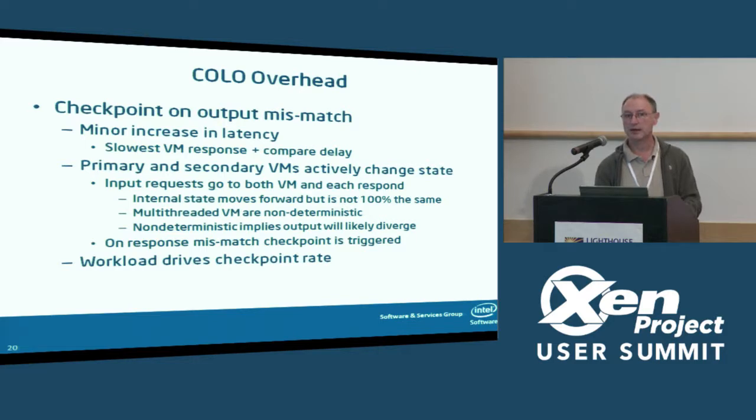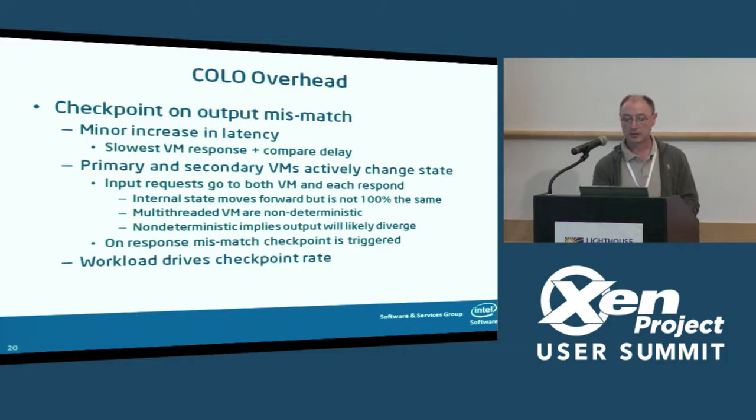But the application itself can be different in the response. You could get requests for allocating some resource that would come in, and the two different VMs may allocate those resources to different customers. So once that's detected, that triggers the checkpoint, and at that point, that's where we take the overhead.